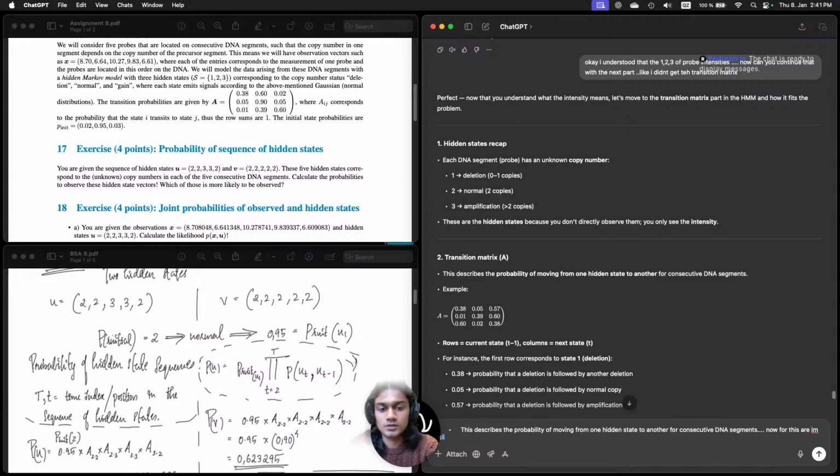I'm still confused on going from one hidden state to another. I'm still on the microarray chip. Are we using different samples with the same probe, or what?